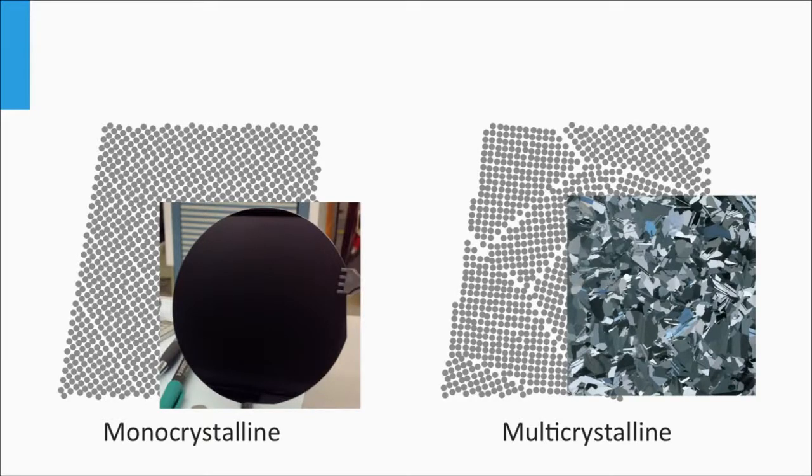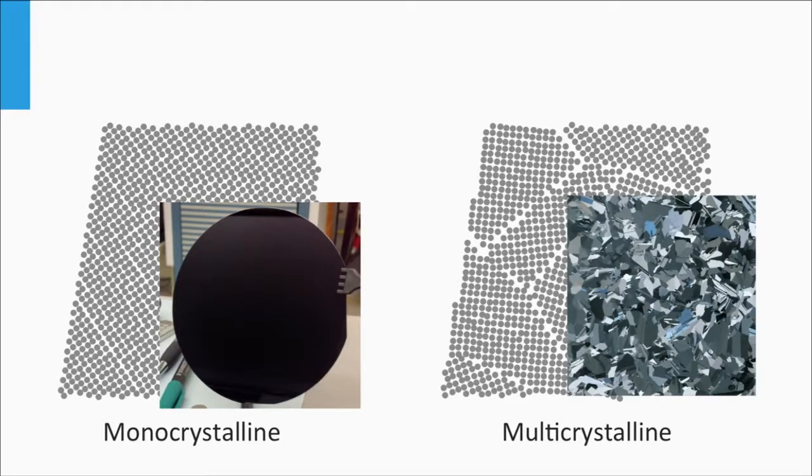Here you see two pictures of monocrystalline and multicrystalline wafers. Monocrystalline silicon wafer has one uniform color, whereas in multicrystalline silicon the various grains are clearly visible to the human eye. At the grain boundaries we find lattice mismatches.